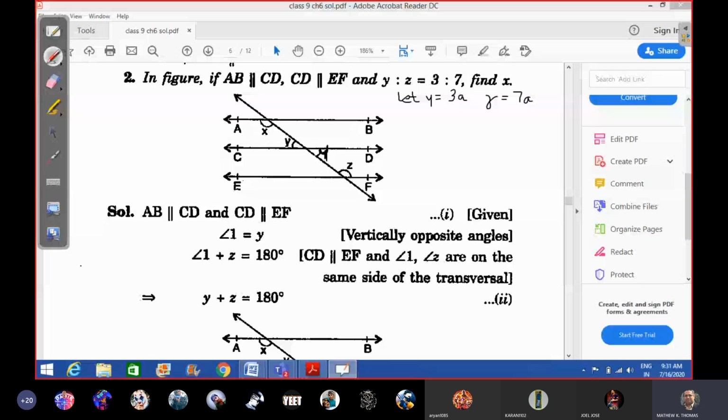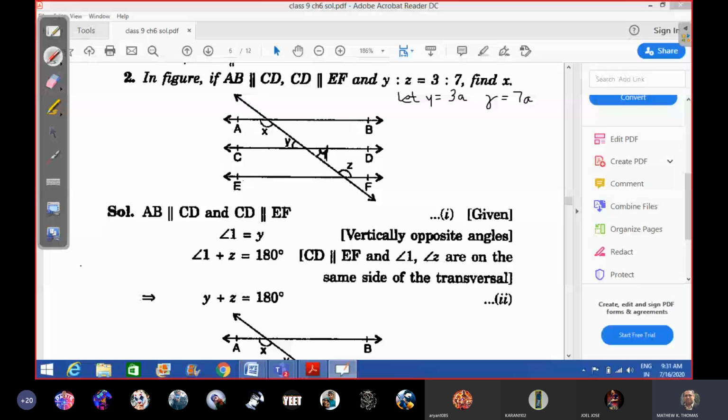So we can say that AB is parallel to EF. Those who have not done this property, please note: two lines parallel to the same line are parallel to each other. So you will write AB is parallel to CD, CD parallel to EF, therefore conclusion AB is parallel to EF.